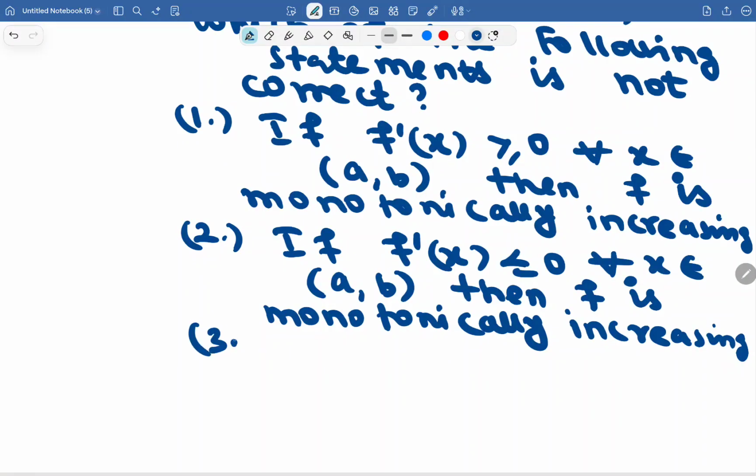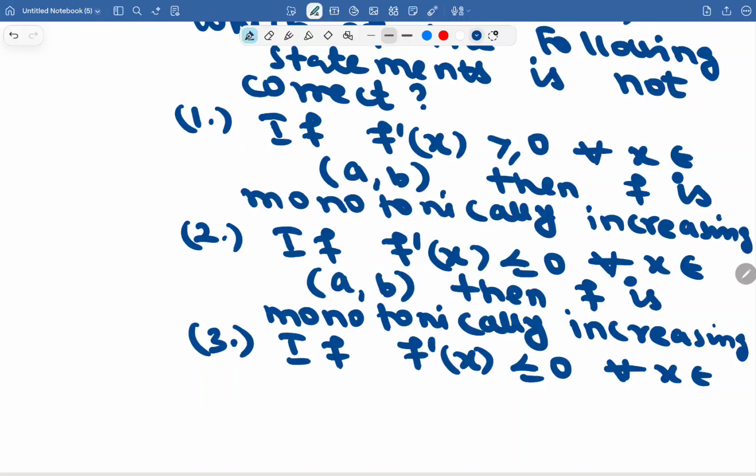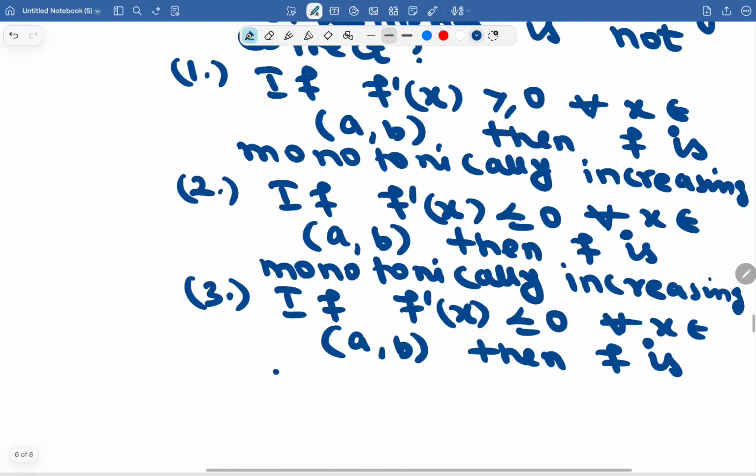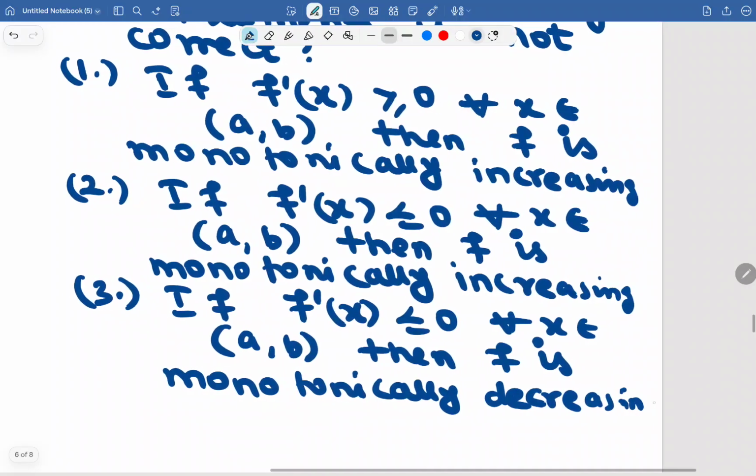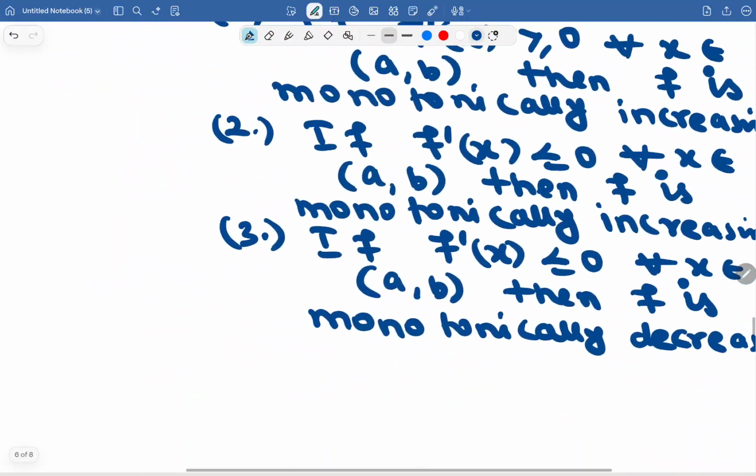Third option, if f dash of x less than or equal to 0 for all x belongs to open a comma b, then f is monotonically decreasing.